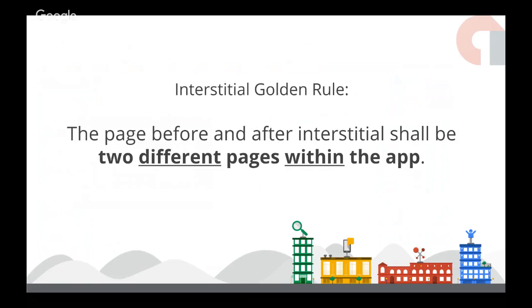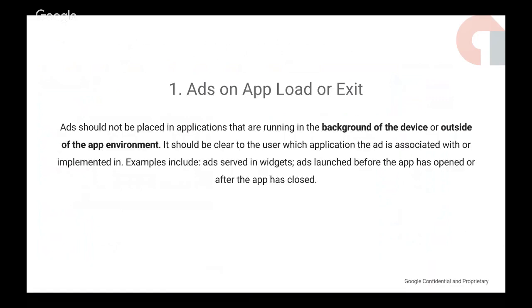So we will walk you through some detailed examples, which you might have seen last time, to review the practice of the rule. The first common scenario of a policy violation on interstitial is when the app loads or when the person exits the app.